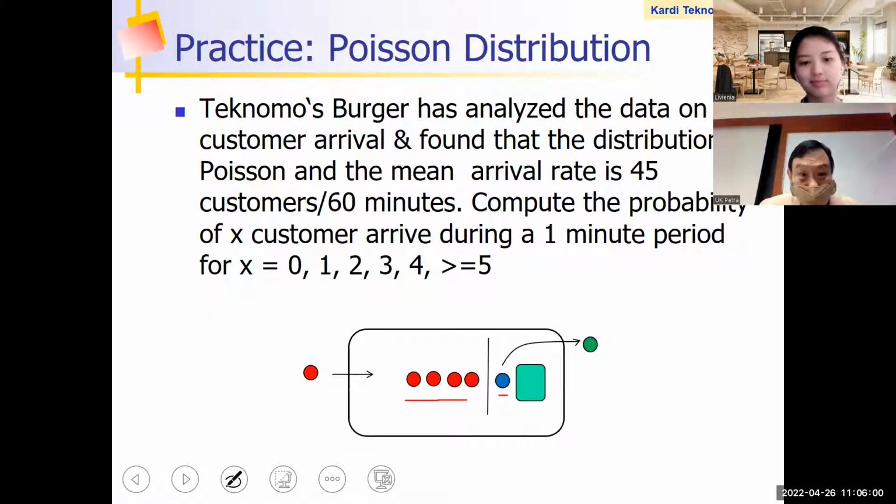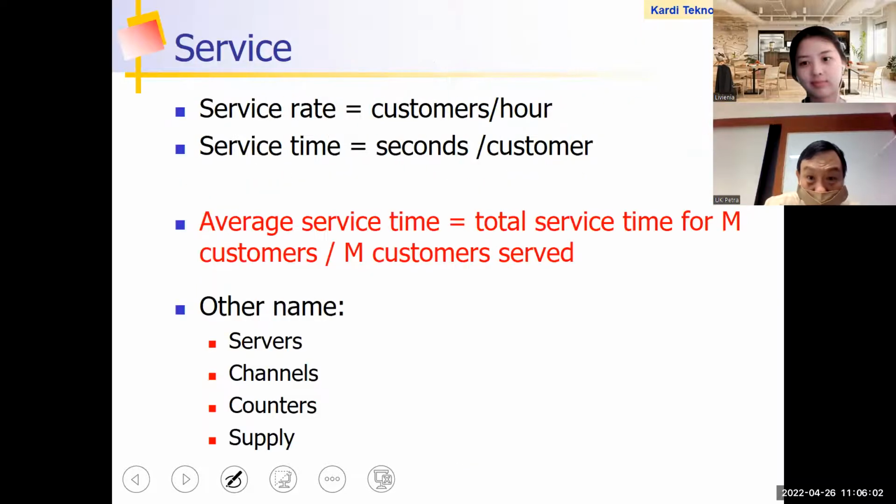Now, service. Look at this now: the service rate means the customers per hour. Service time is the seconds per customer. So be careful, rate is the flow.